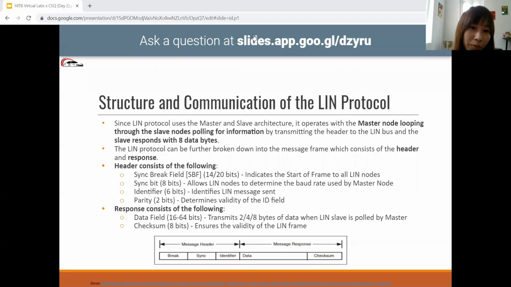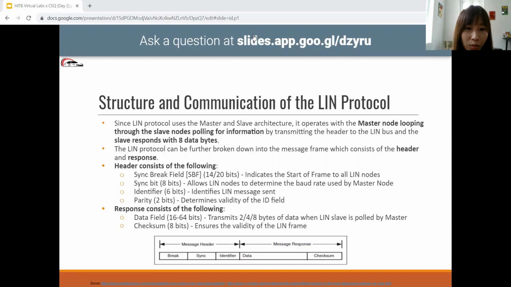Right, so the structure and communication of the LIN protocol: since they use the master and slave architecture, it operates with the master node looping through the slave nodes, polling for information. The master header will transmit to the slave, and they will respond with 8 data bytes. The LIN protocol is a header and response structure.